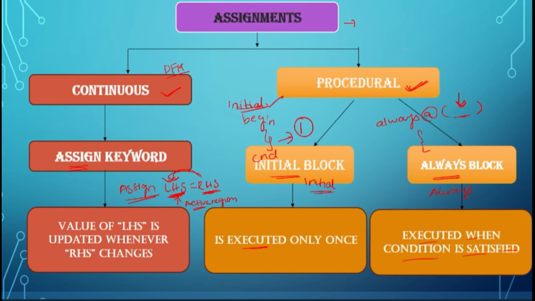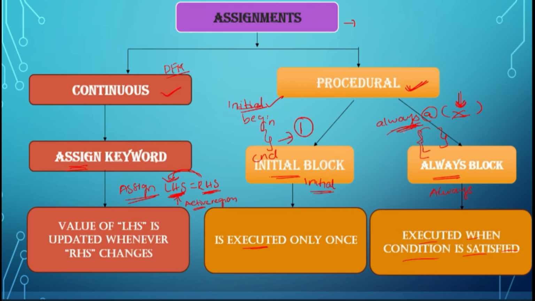In a for loop, you write some condition, and until that condition is false, it will be continuously executing. That is how in this always block, until this condition is satisfied, this block will be executed. If this condition is not satisfied, then the statements within this always block will not be executed. Okay, that is the difference between initial and always.